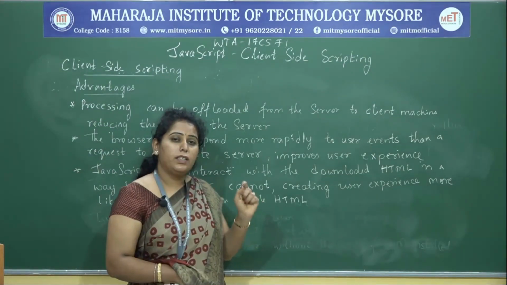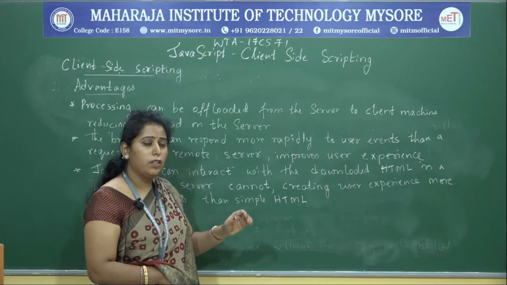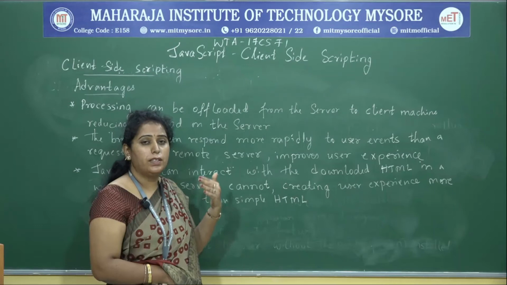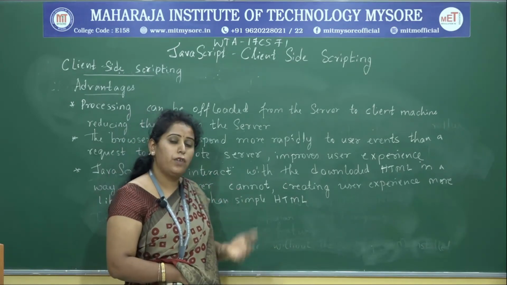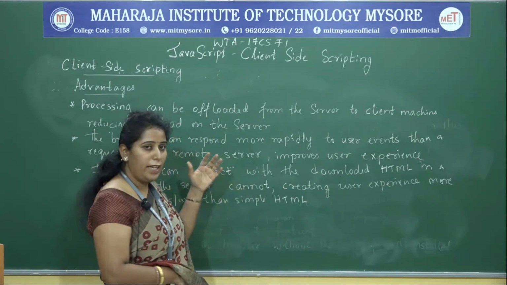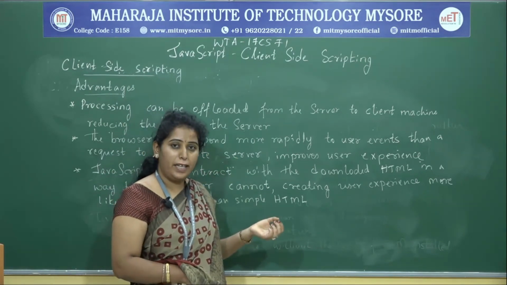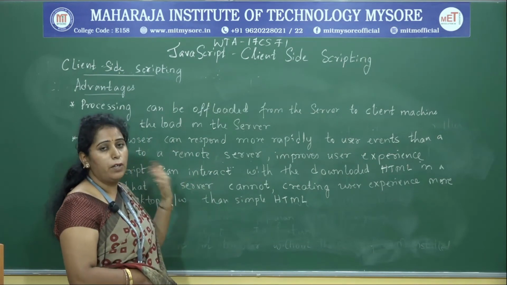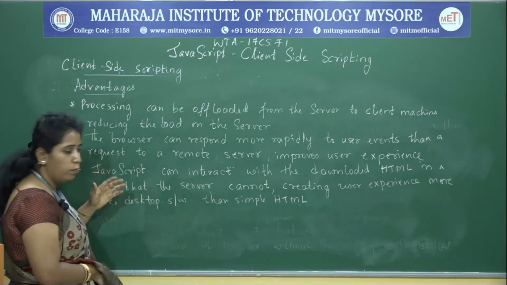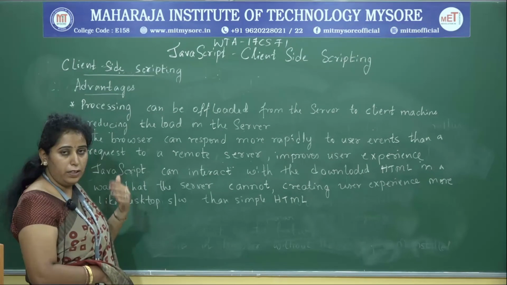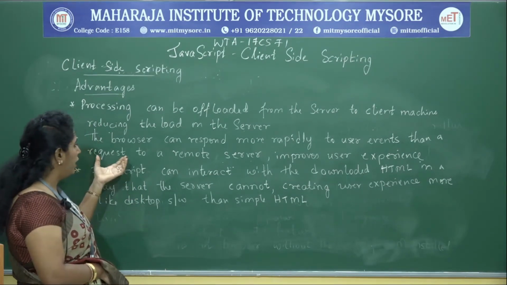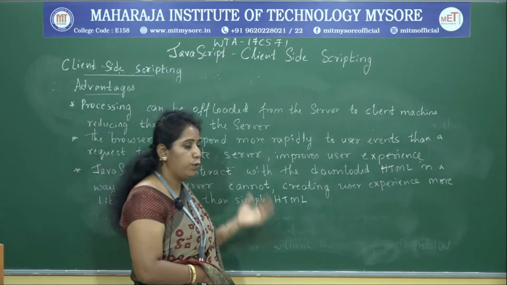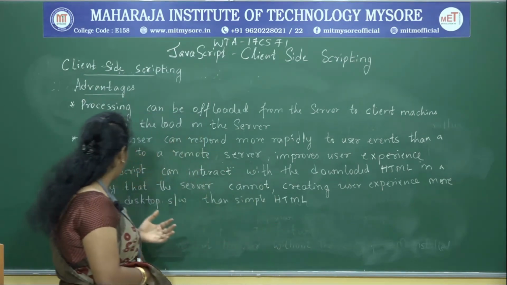Once a result has been provided, for every iteration there is no need to request the server. It can be operated through the browser only, for any number of events, rather than requesting a remote server. So this improves the user experience.